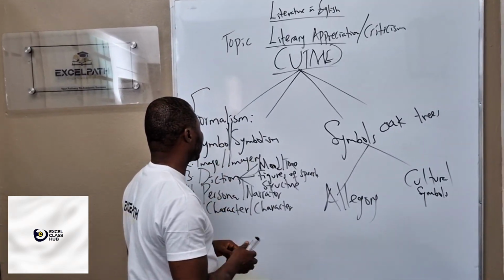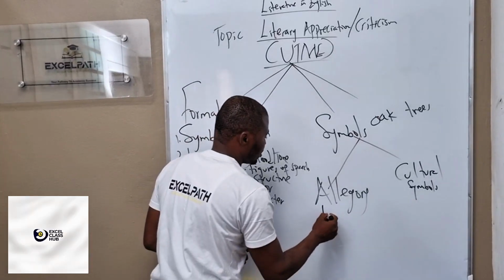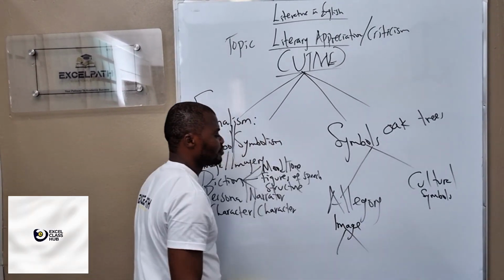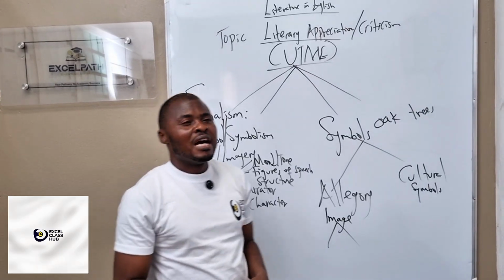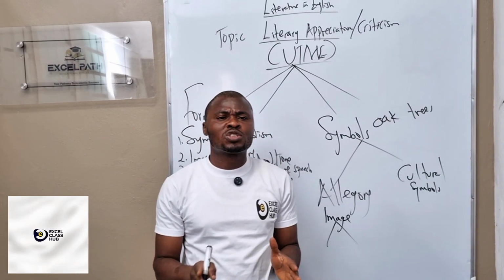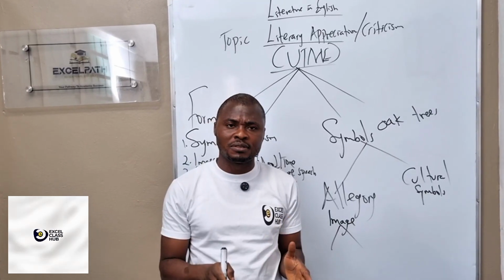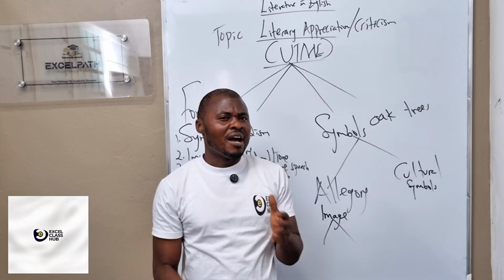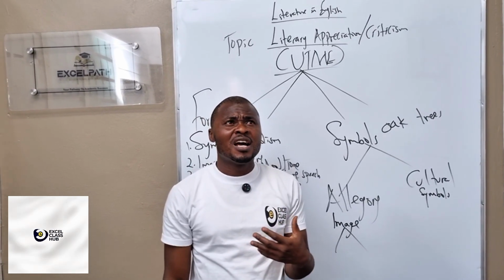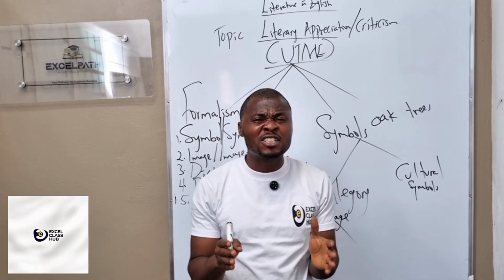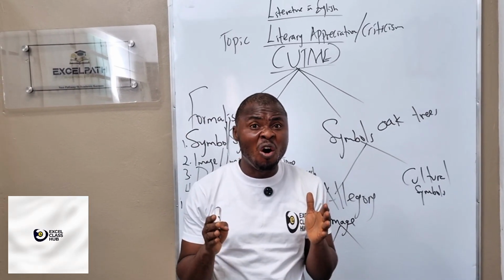Then let's look at image. There's so much correlation between an image and a symbol. An image is a physical experience or object.